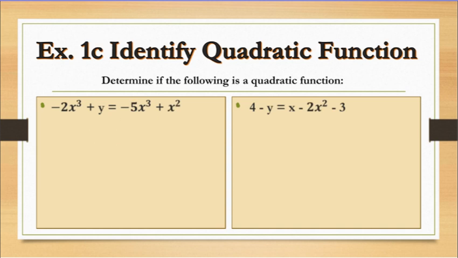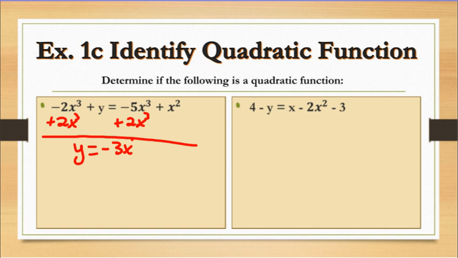And a few more from this example. Get everything to one side besides the y, so I need to add 2x cubed to both sides. Now I have y equaling negative 3x cubed plus x squared. For this one, we do have an x squared in our function, but it's not the leading term.